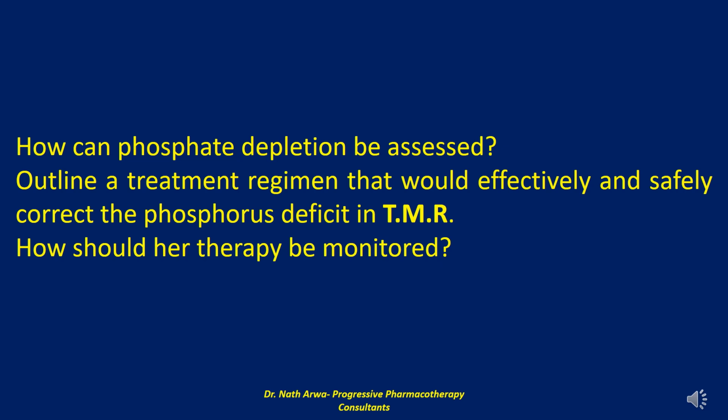Metastatic soft tissue calcification, hypotension, and, depending on the preparation used, potassium, sodium, or volume overload may occur. This could be significant in patients such as TMR who have a history of heart failure and hypertension. Therefore, renal function and volume status should be monitored during therapy.